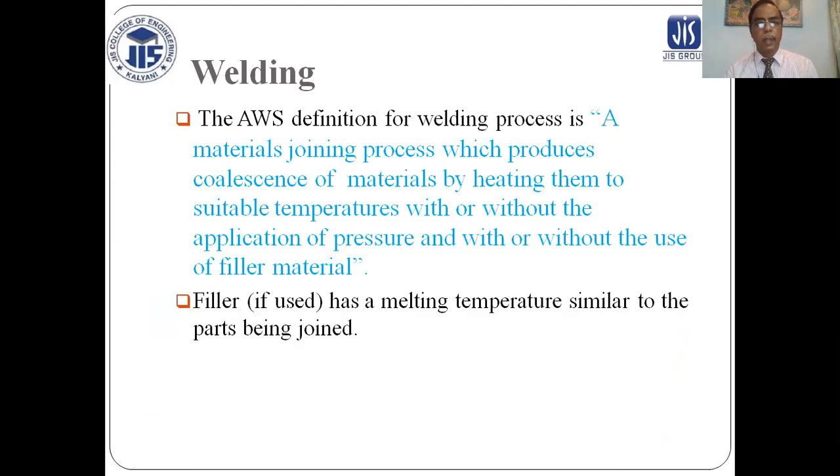Welding, as per the American Welding Society definition, is a material joining process which produces coalescence of materials by heating them to suitable temperature, with or without the application of pressure, and with or without the use of filler material. Filler, if used, has a melting temperature similar to the parts being joined.